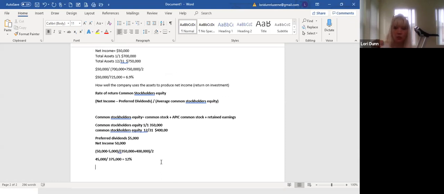So the company wants that to be as high as possible because it helps their stock prices. If they're not in line with what their competitors are doing or even what they were doing the prior year, they need to work on that because their stock price will be affected by it. But that's basically what it's telling us.